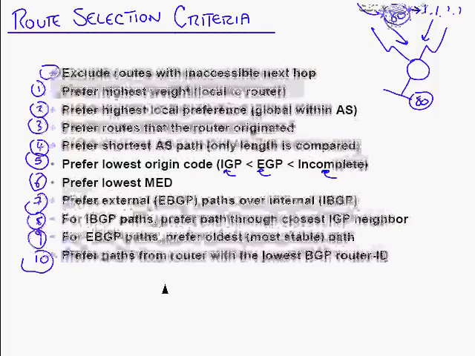Maybe you have one router that has a BGP router ID of 10.1.1.1, because you will choose a router ID and they will be unique for your routers. And the other one has 10.1.1.2. It's going to say, you know what? You have the lower number and I'm going to prefer you. So by the time it's said and done, if you reach this far down on the route selection criteria, it just resorts to random chance.